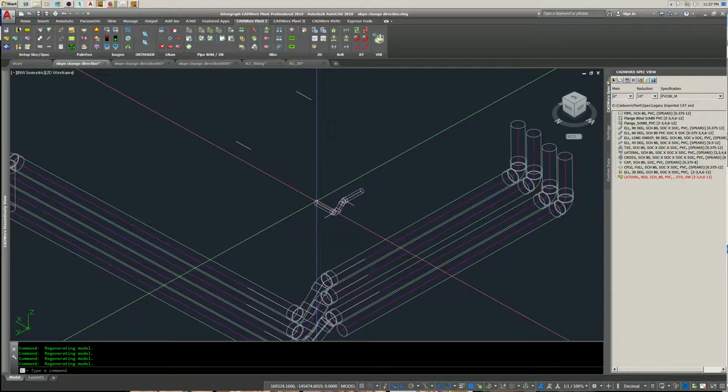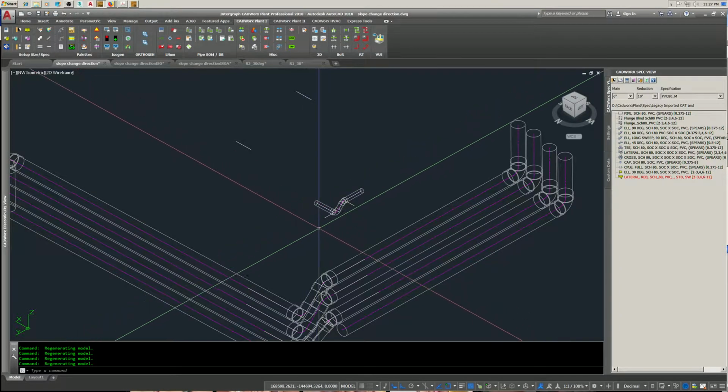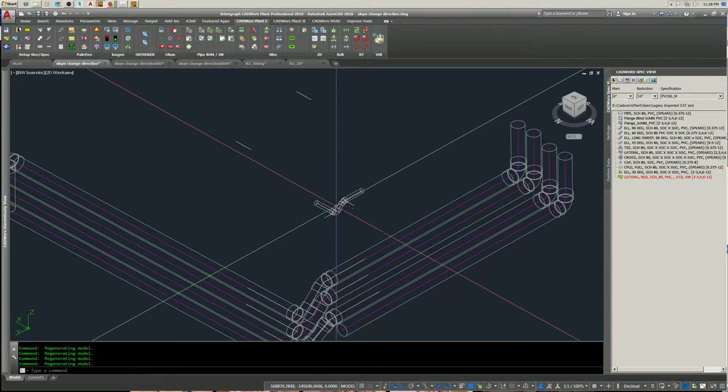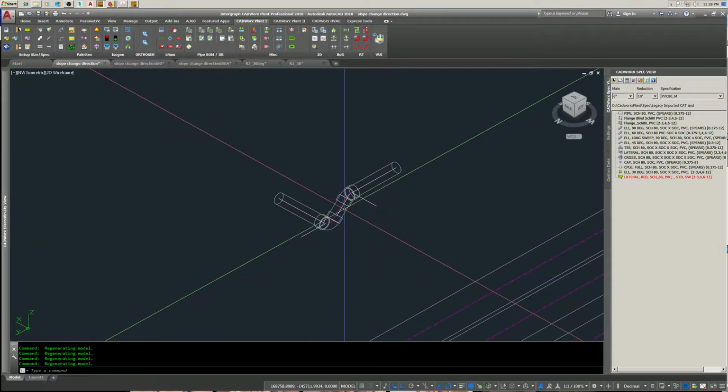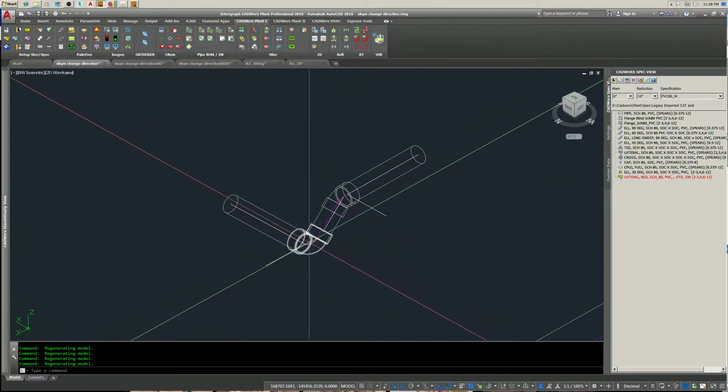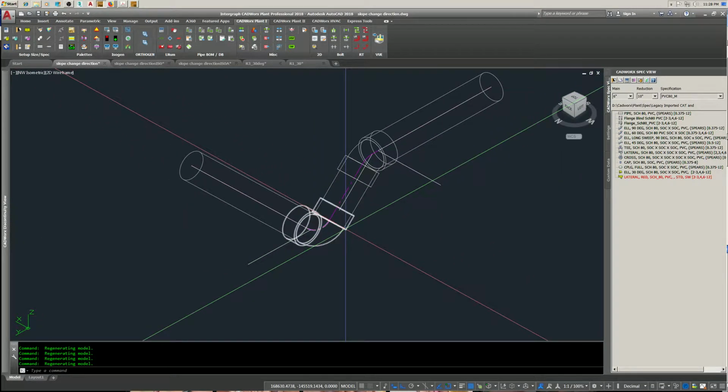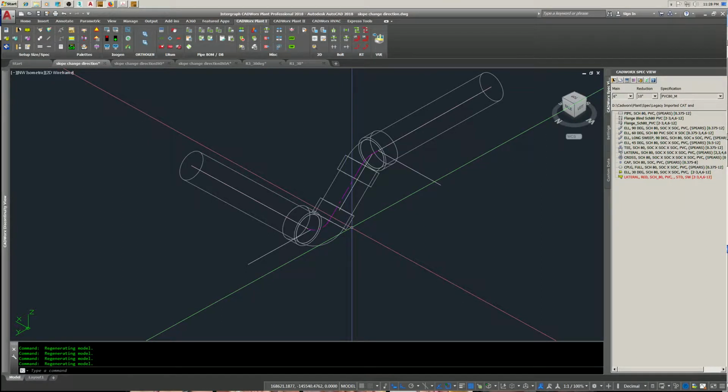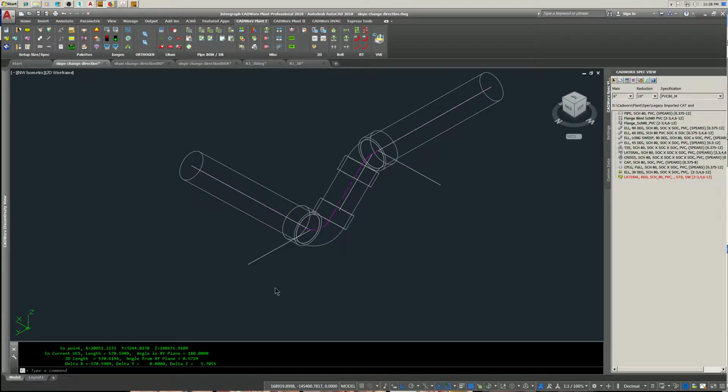So what I came up with was setting up a pattern to use, and this is the pattern that I set up for a 45-degree bolt 90. If we look at the center lines of these pipes, we see that it's 180 degrees on the compass.